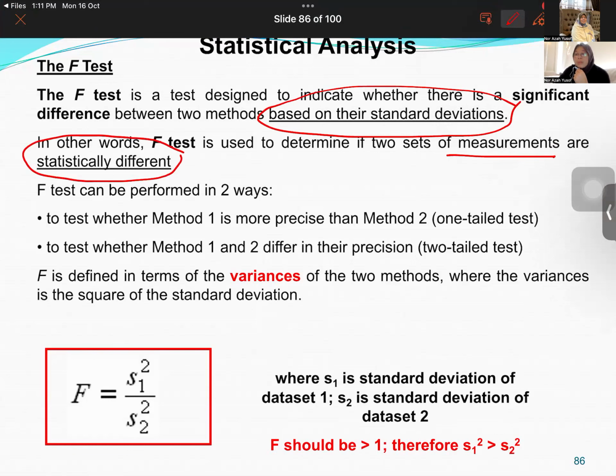So based on our discussion just now, why do we have different sets of measurements? What does it mean when we have different sets of measurements? Anyone? Replication?